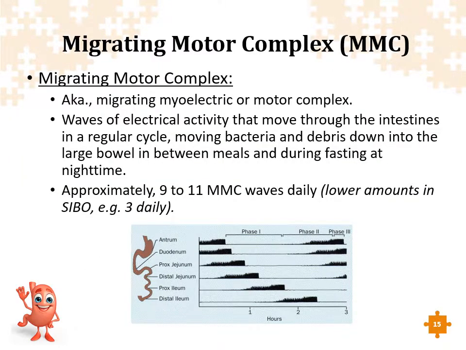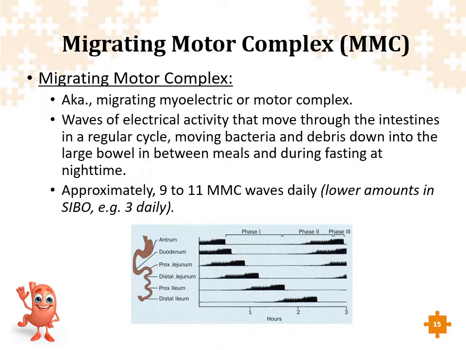The migrating motor complex is an electrical unit that creates small electrical waves that move through the intestinal system, and the primary function is to help move bacteria and debris through the small intestine and into the large intestine, so it's not accumulating in the small bowel.